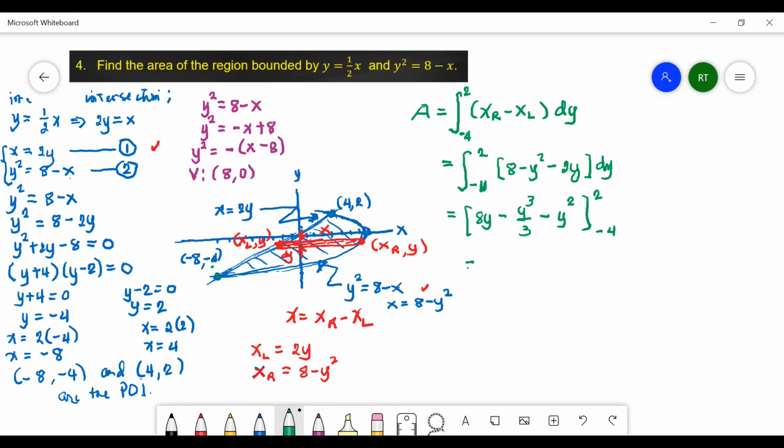Hence, the area is equal to the value of the indefinite integral at the upper limit 2: 8 times 2 minus 2 raised to the third power over 3 minus 2 raised to the second power, minus the value at the lower limit, -4.